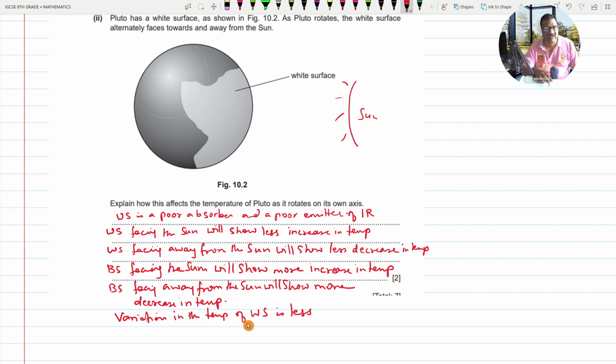Overall, the variation in the temperature of the white surface is always less throughout the rotation. Okay, so these are the answers for this question number 10.